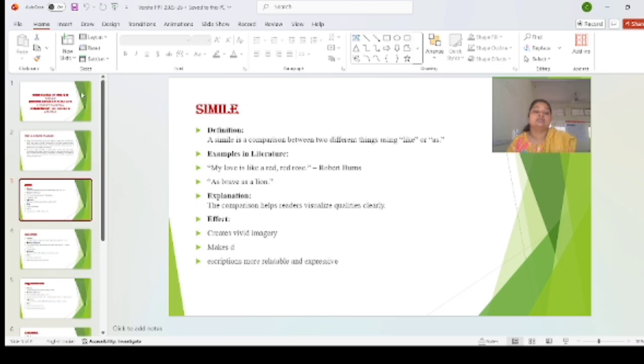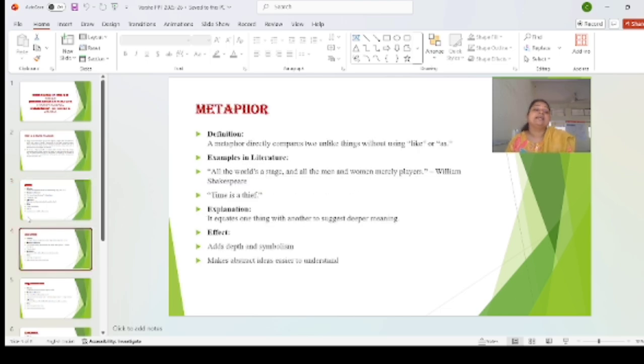When to use the simile: the comparison helps readers visualize qualities clearly. What effect does simile give? It creates a vivid image in the reader's mind and makes description more relatable and expressive.